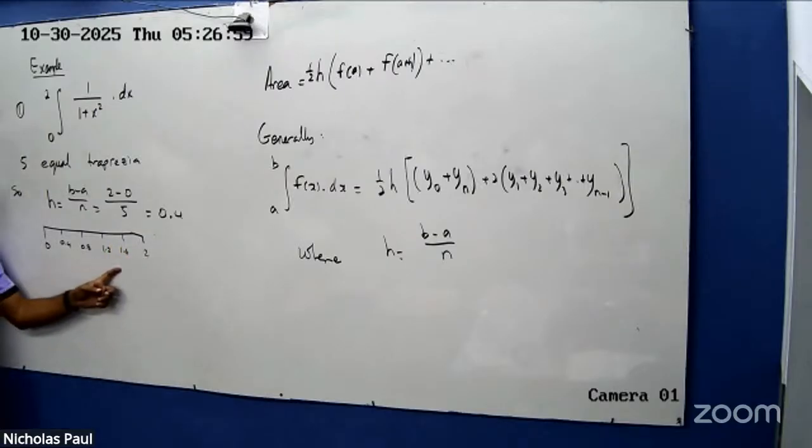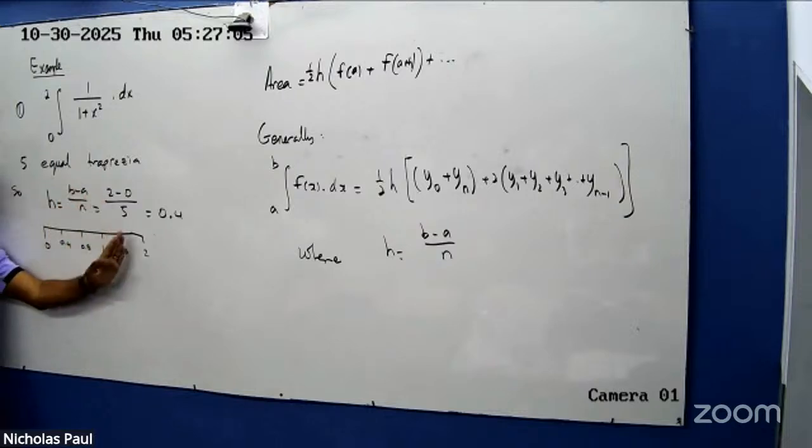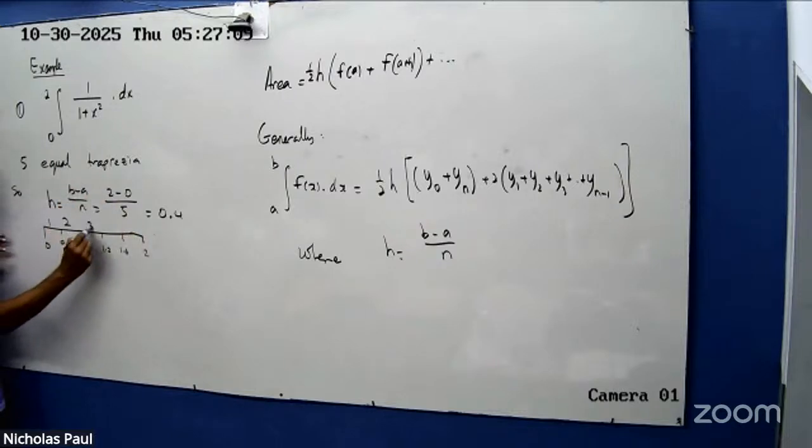You're seeing the x values? These are what the x values will look like. Trapezium 1, trapezium 2, trapezium 3, 4, and 5. Right? There's trapezium 1 here, 2 here, 3, 4, and 5. Are you okay with that?